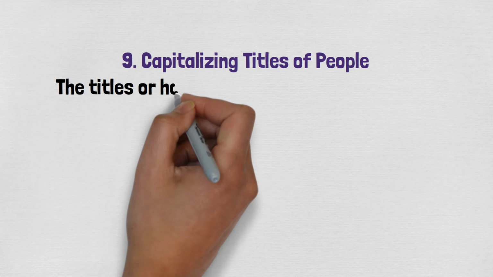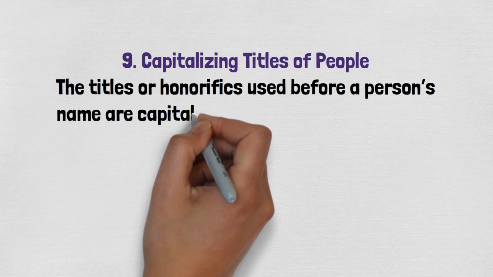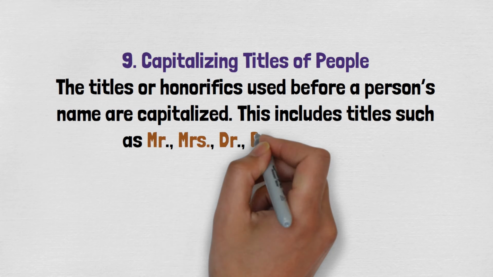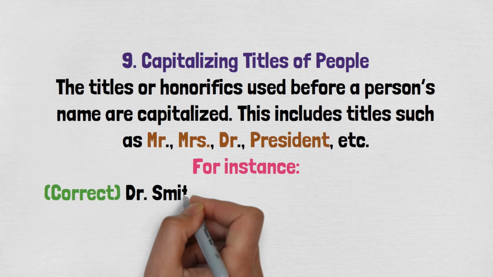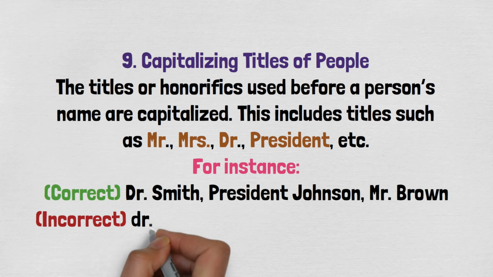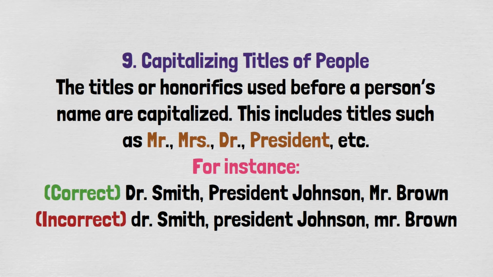9. Capitalizing titles of people. The titles or honorifics used before a person's name are capitalized. This includes titles such as Mr., Mrs., Doctor, President, etc. For instance, correct: Dr. Smith, President Johnson, Mr. Brown.